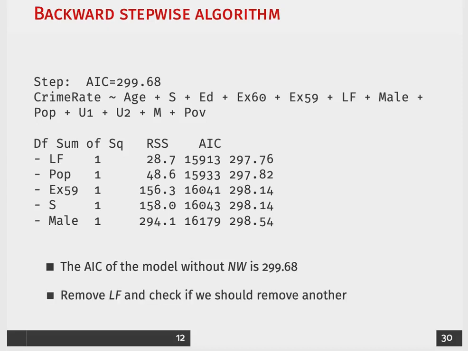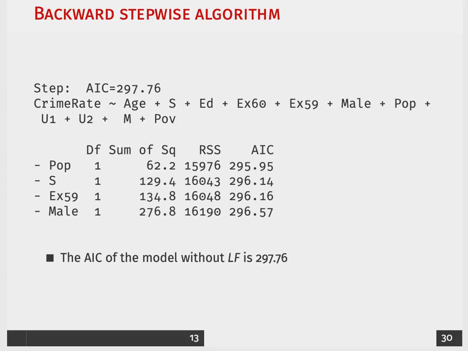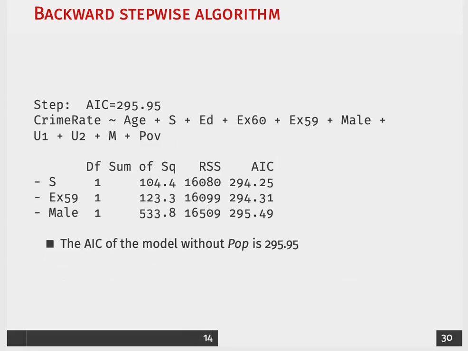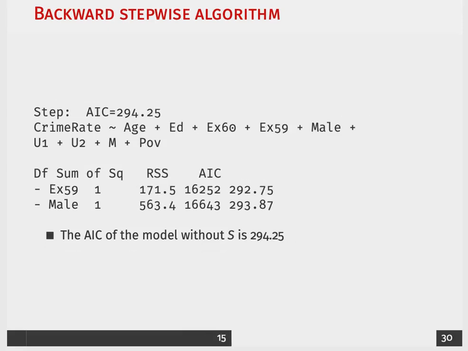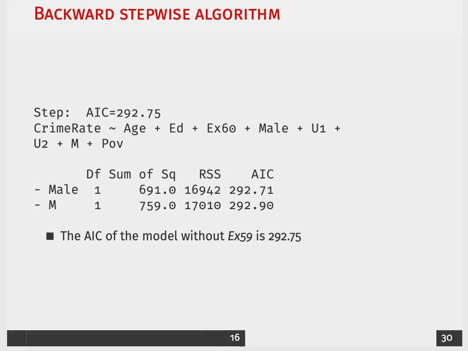Now we're going to do that and check it again, and we can see now that if we remove pop, then we should have a better model fit. We'll do that. Now we can see that if we remove S, we should continue to have a better model fit. And if we remove 59, we should continue to have a better model fit.